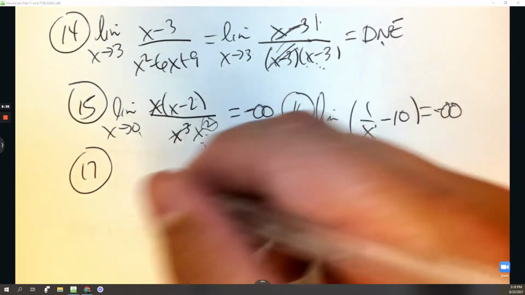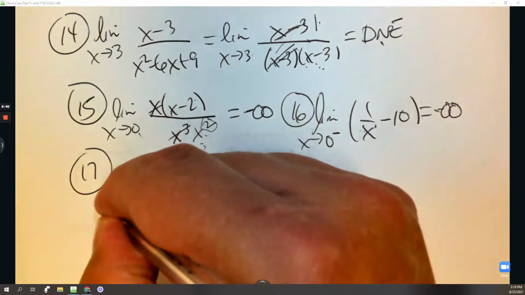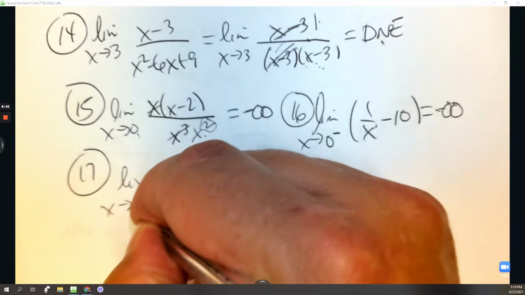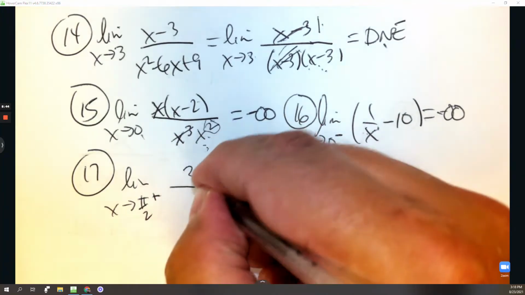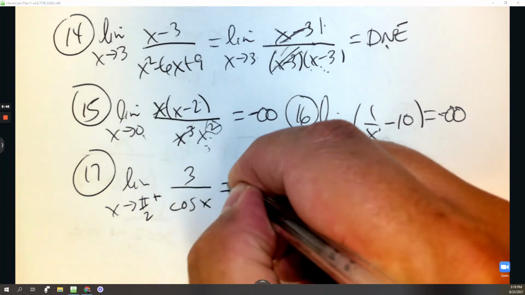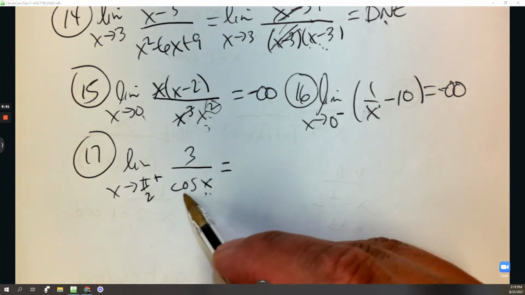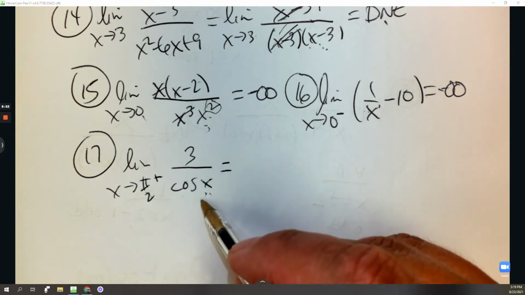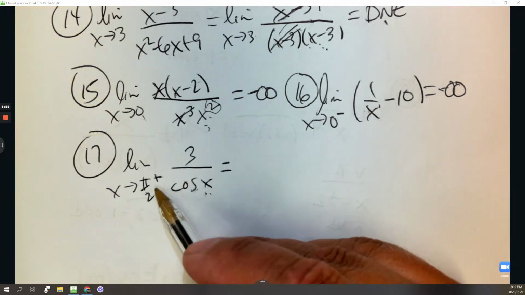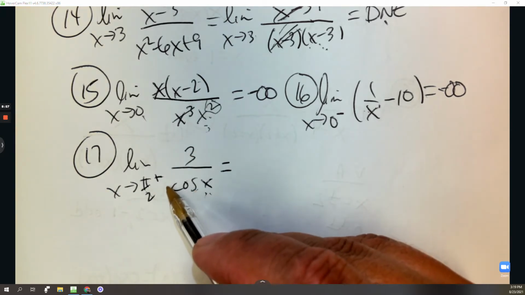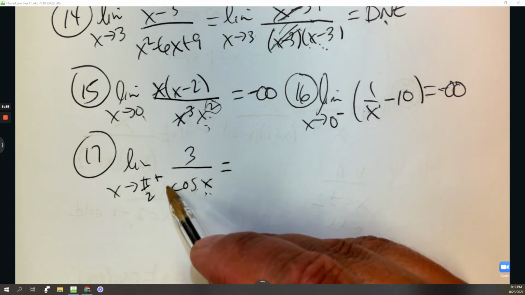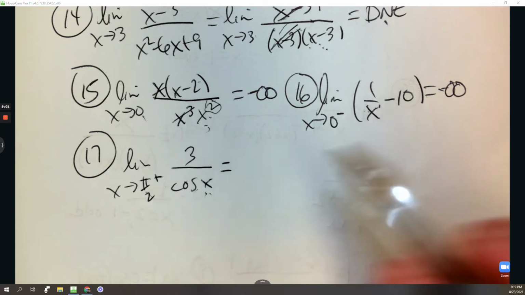Number 17. Oh, trigonometry. So the limit as x approaches pi over 2 from the right. If I plug in pi over 2, I get 0, the value of cosine that's at the top of the unit circle. So it is undefined, but from the right, it's going to negative infinity, right?